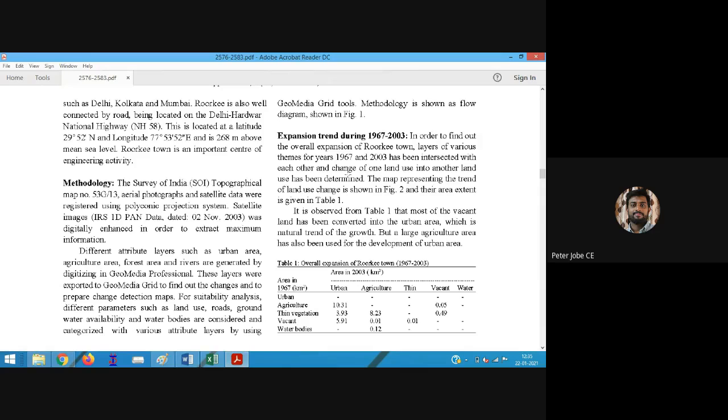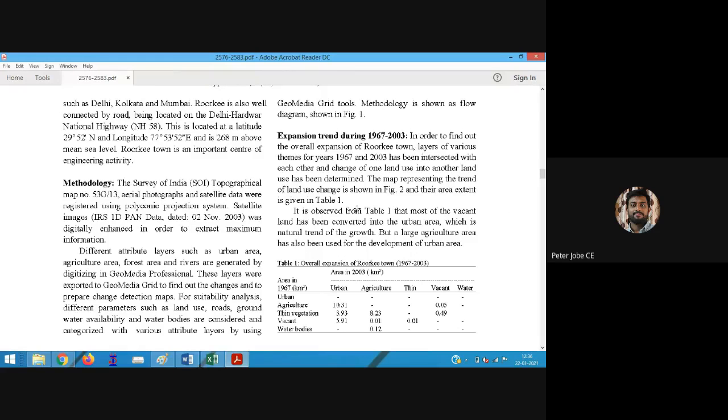As I've said earlier, one theme might be the land use pattern. The other theme might be the water bodies available, and the next thing will be the geographical projection. So all these things will be taken, and they will intersect everything, and they will find out how the land use pattern has changed over the years from 1967 to 2003. So the change of one land use to another land use has been determined.